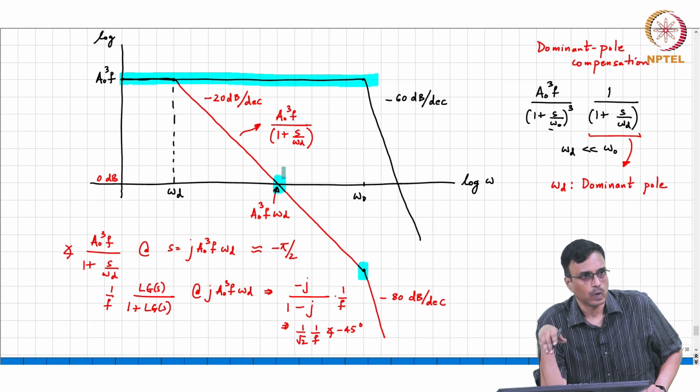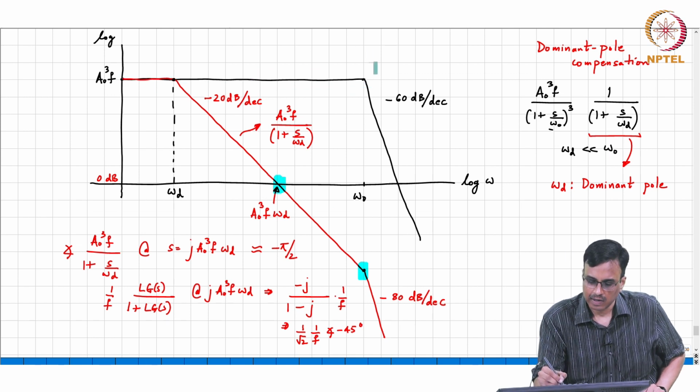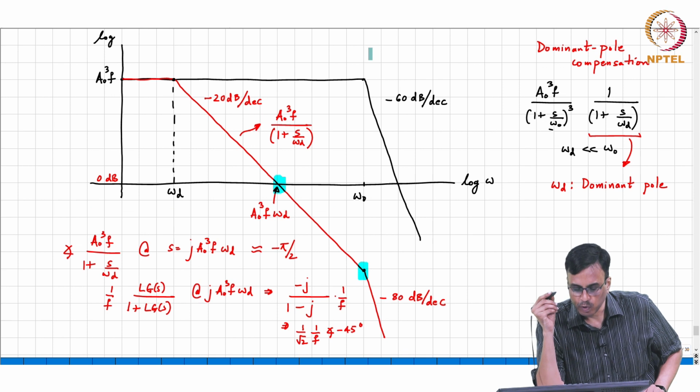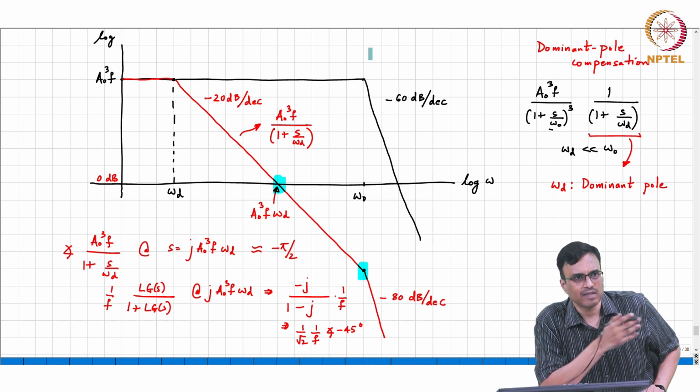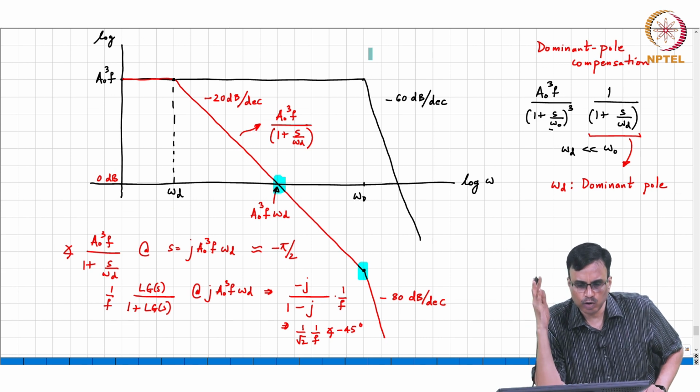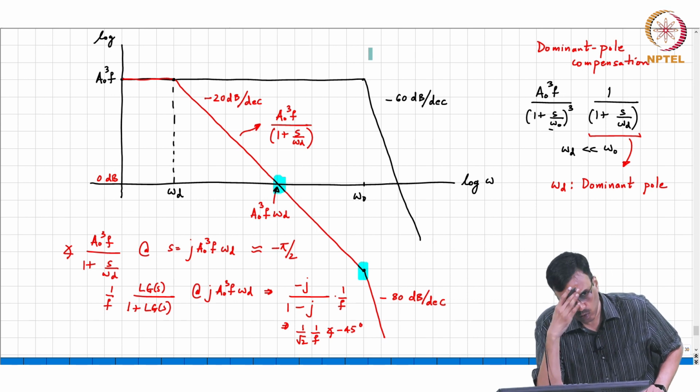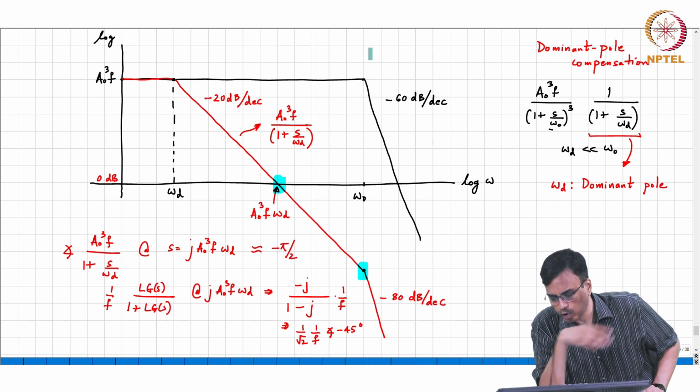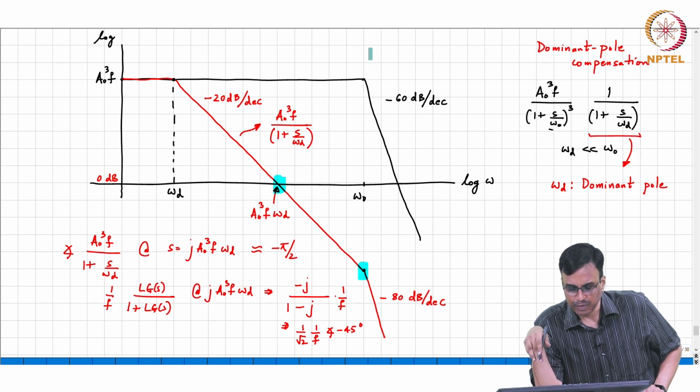One could complain that earlier we had a loop gain magnitude very large up to very high frequencies, and now the magnitude of the loop gain has fallen off to 1 at frequencies way below omega naught.